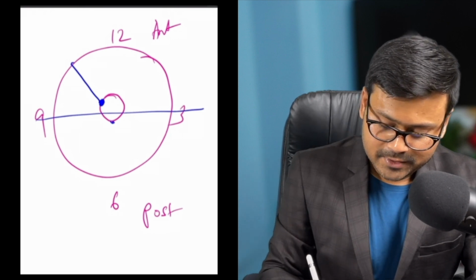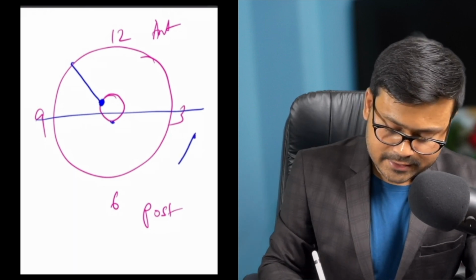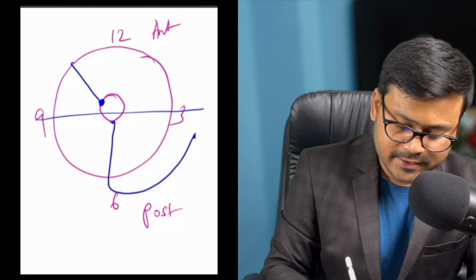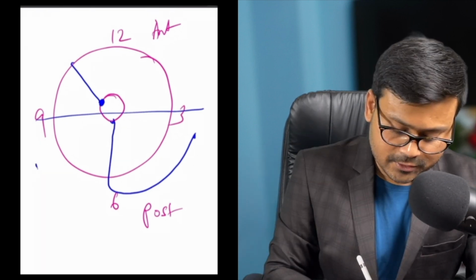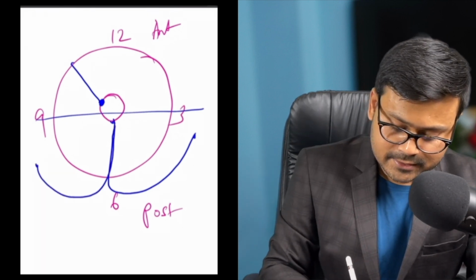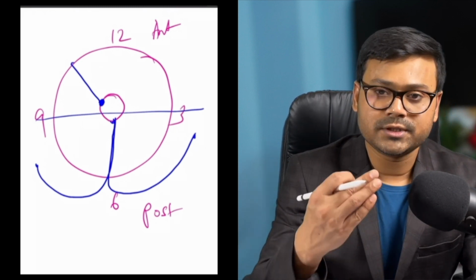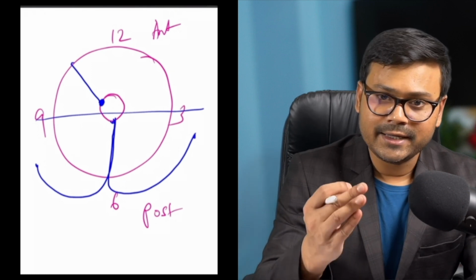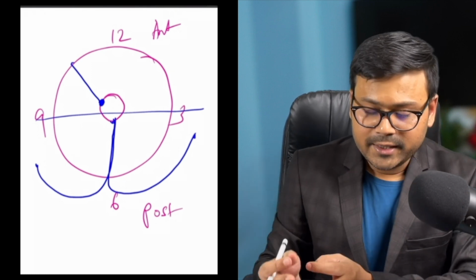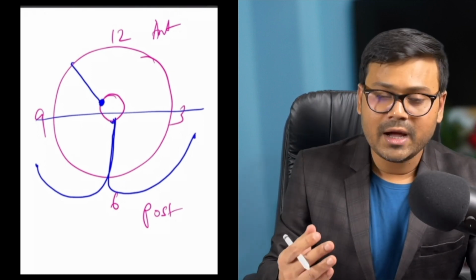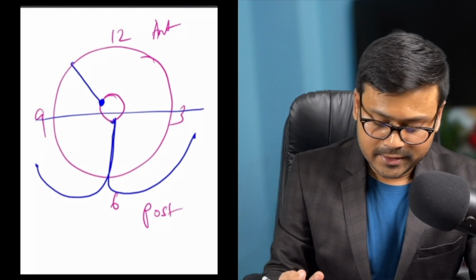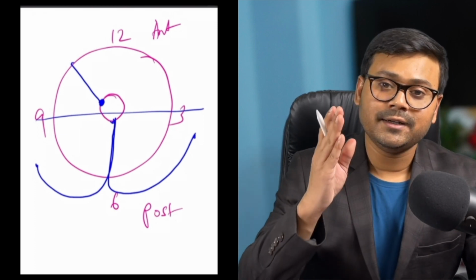For example, if this is the fistulous tract, this will come and drain at 6 o'clock. This side also it will drain at 6 o'clock. So anterior to the imaginary line, it will have a more simple, short and radial course, whereas posterior to the horizontal imaginary line, it will have a complex curvilinear course and it will drain at the midline.